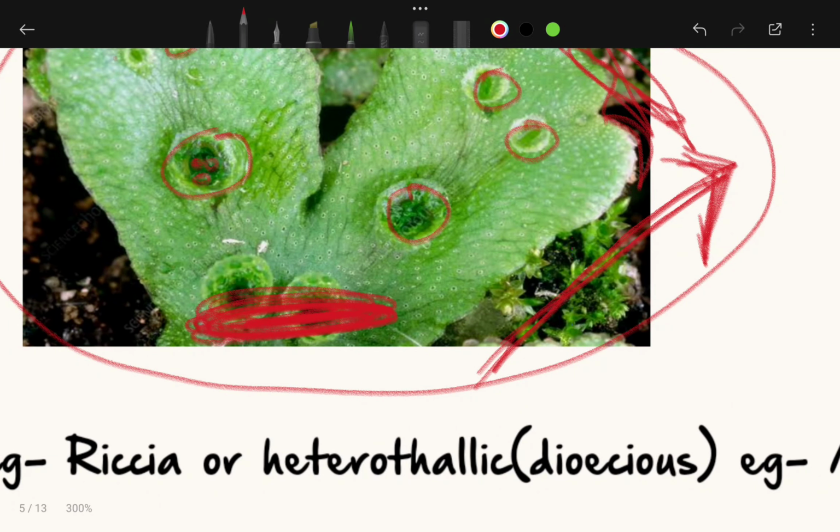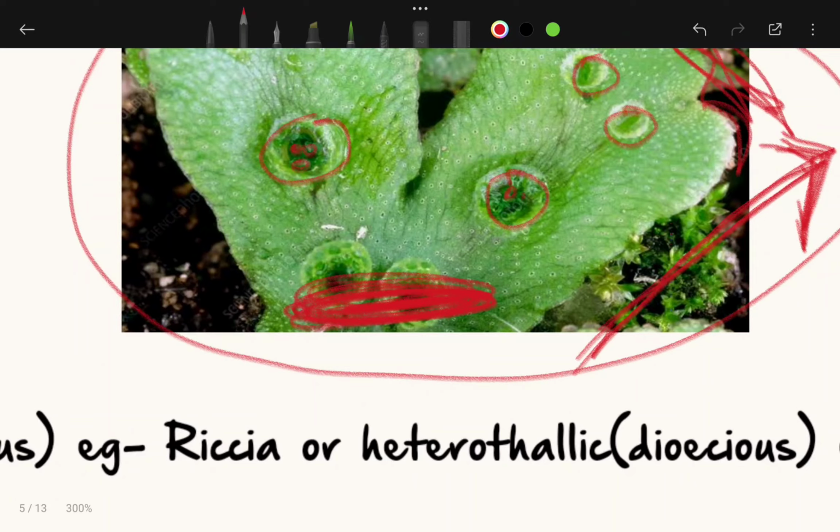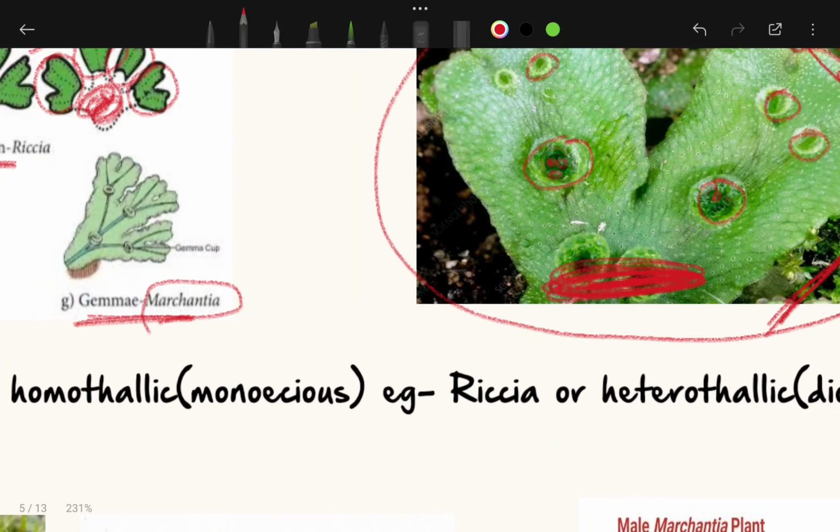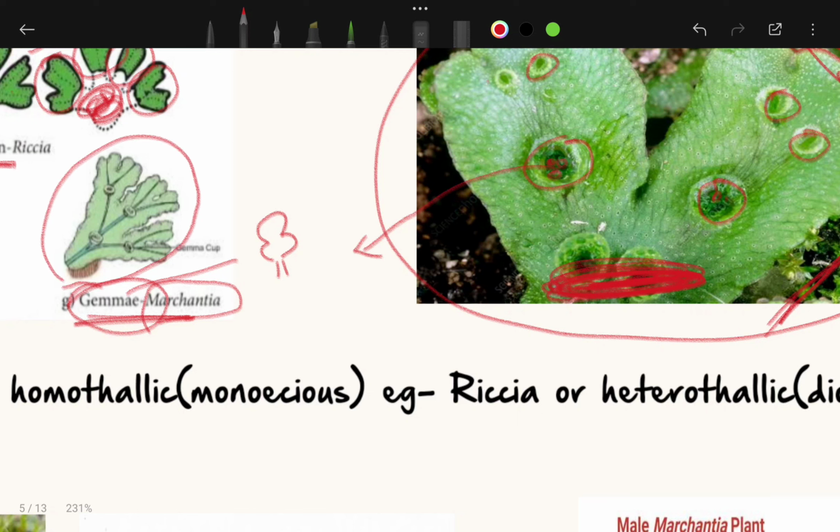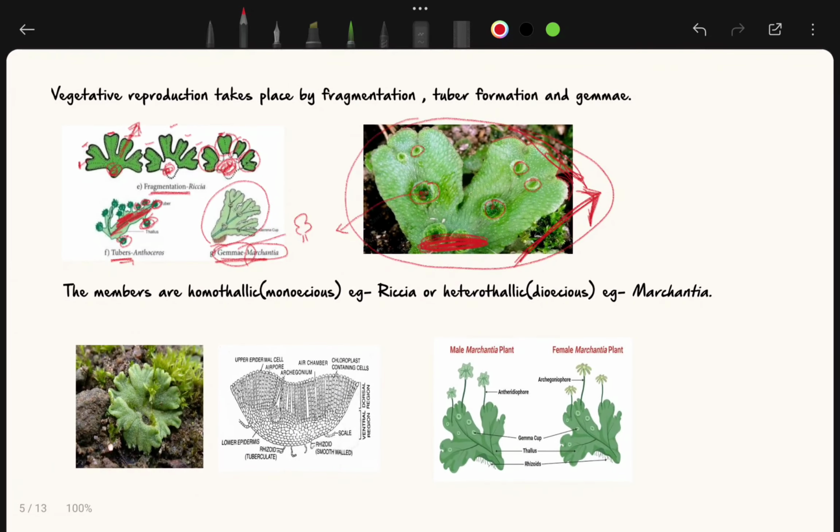These tiny green structures are known as gemma, and each of these gemma, once it is released from the plant body, will give rise to a new Marchantia plant. So they are known to reproduce through vegetative reproduction, through the process of fragmentation, tuber formation, and through gemma.